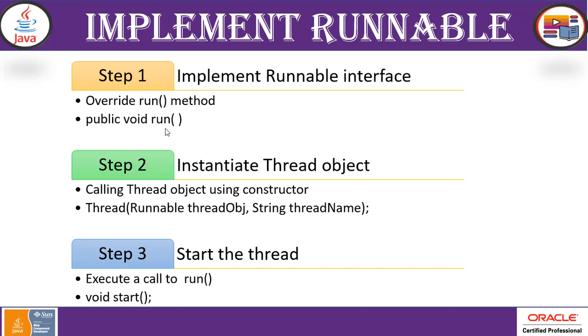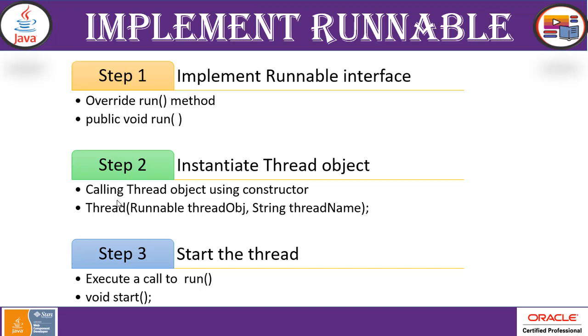Step two, instantiate your thread object. Here we call the thread object using the constructor and define the Runnable thread object, and this will be your string thread name.